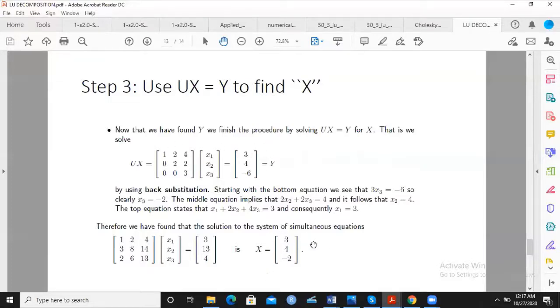Now at the end we have got the final solution 3, 4, minus 2 as capital X. And how have you done it? You have solved a very small system here. Because it is an upper triangular matrix, the solution was very easy. So you have solved it in the backward direction. 3x3 is equal to minus 6, x3 is equal to minus 2, then 2x2 plus 2x3 is equal to 4, and you can easily obtain x2 from this equation.